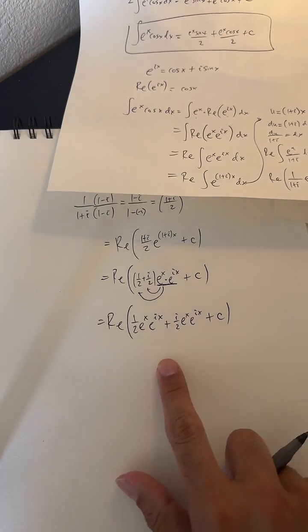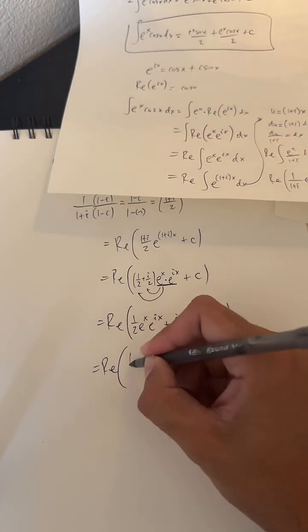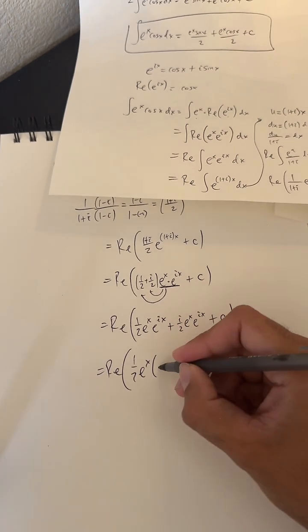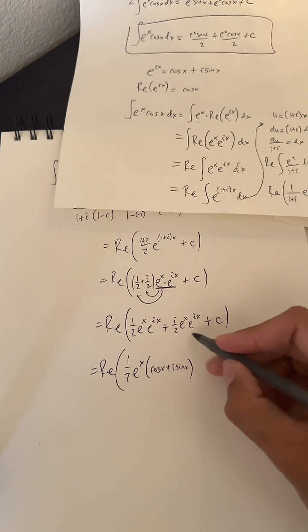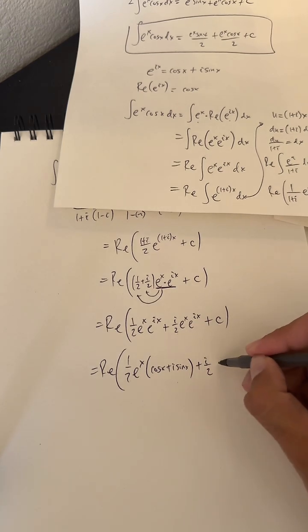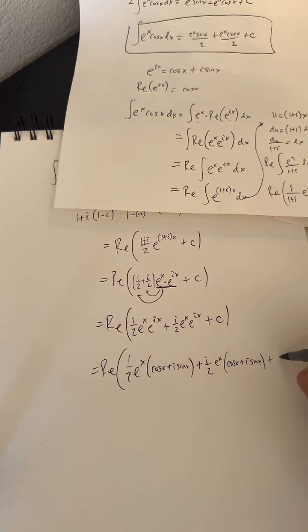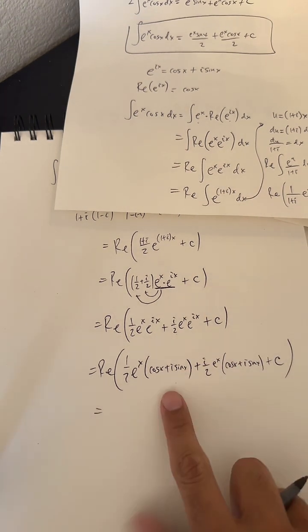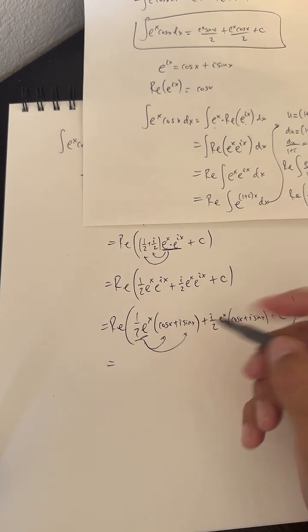So let's talk about this real quick. Remember, e to the ix is cosine of x plus i sine of x. And same thing on the other side, i over 2 e to the x times cosine of x plus i sine of x, and then plus C, and we're almost done. We're going to distribute this 1/2 e to the x to both of these terms.